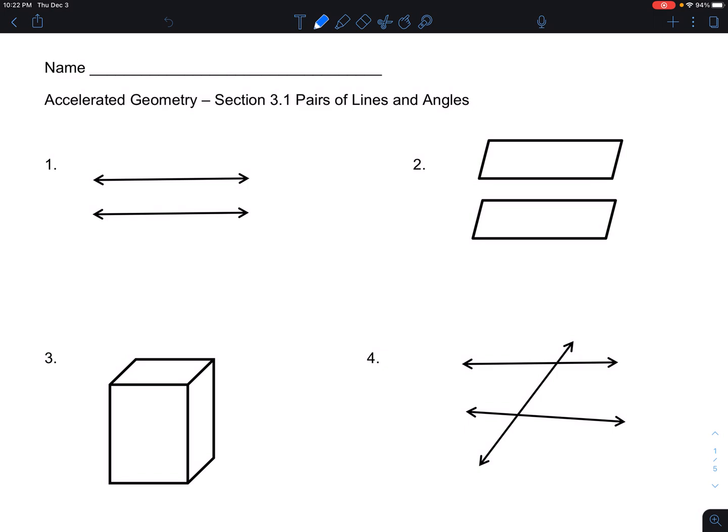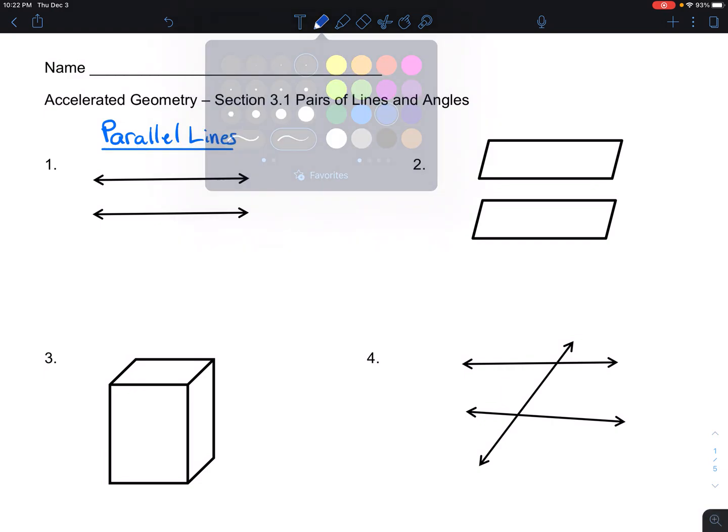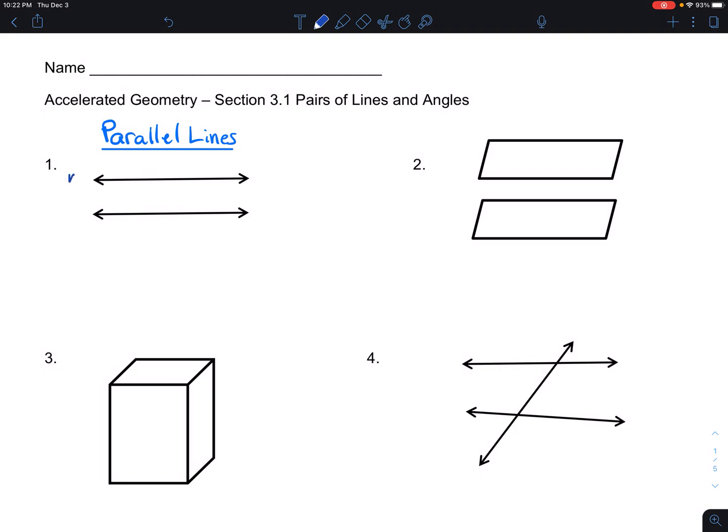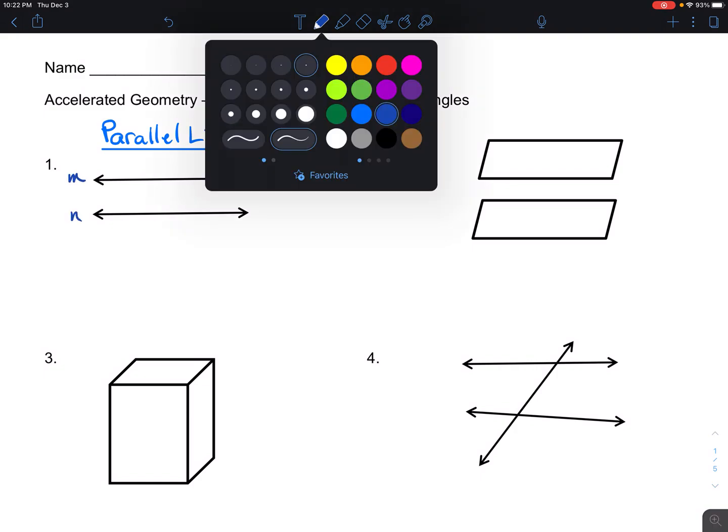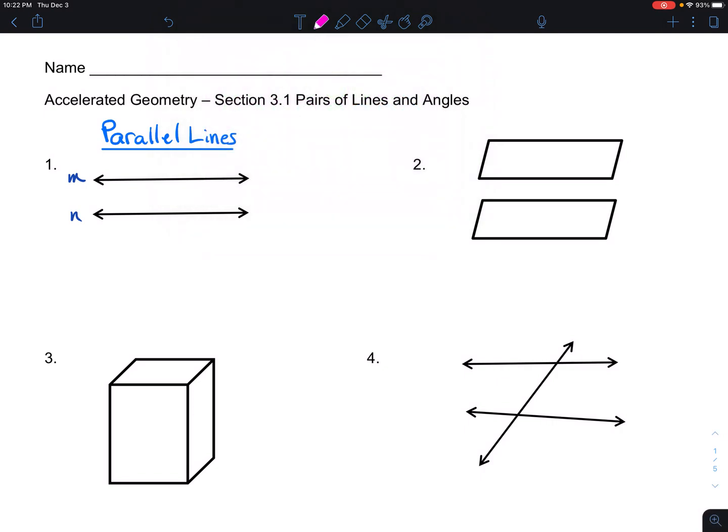So looking at picture number 1, we're going to start with parallel lines. With these two parallel lines, I am going to name them. The top one we'll call M, and the bottom one we'll call N. How can you show the reader that lines are parallel?